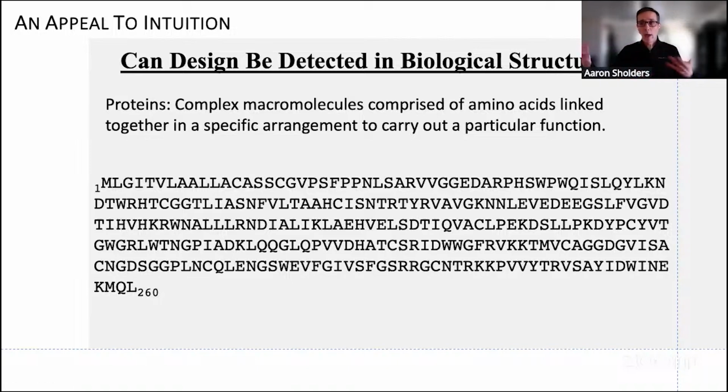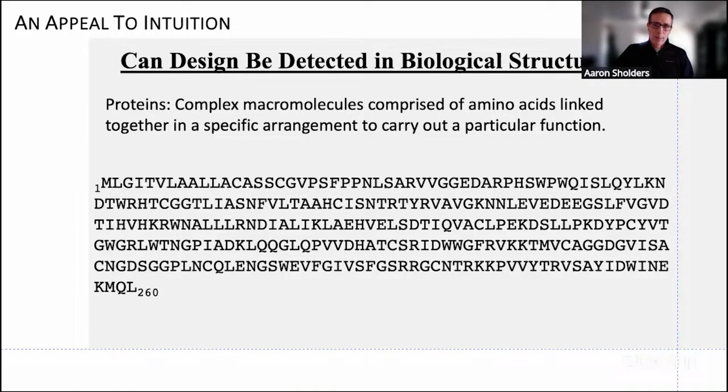There are 20 naturally occurring amino acids, each with its own chemical appendage that has its own chemical and physical properties, like water fearing and water loving, acidic, basic, charged, not charged, those kinds of things. So that's a depiction of a much larger protein, with the amino acids each held together by the peptide bond.